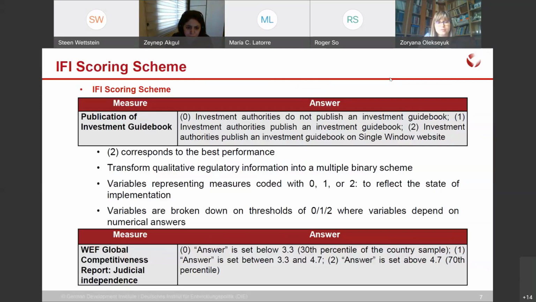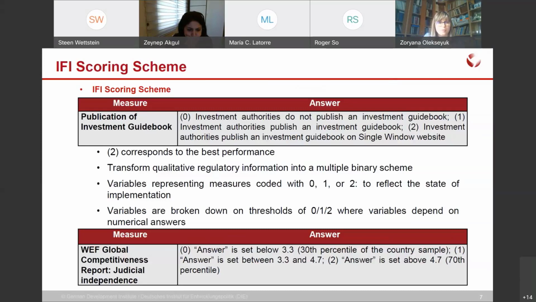And there we have some thresholds to assign the answer 0, 1, and 2. As here you see the answer is 0 if it's below 3.3, that is the 30th percentile of the country sample, 1 if it's between 3.3 and 4.7, and 2 if it's above 4.7, which is the 70th percentile.